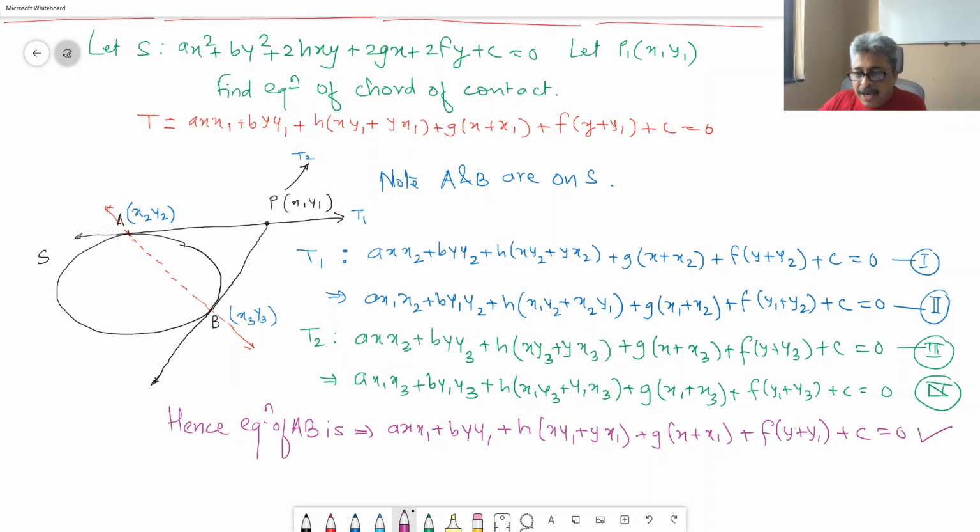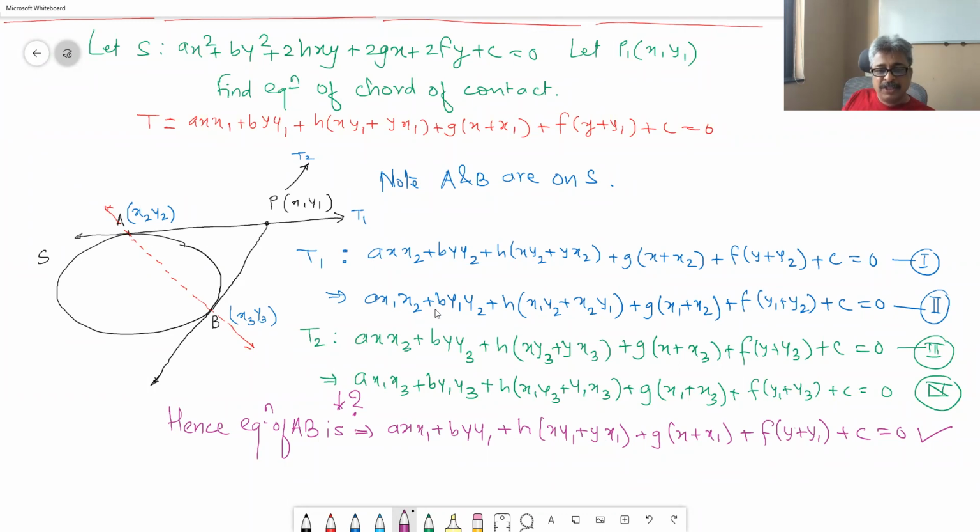Now, can you understand from here to here? Check whether you can understand this. Once I write these 4 statements, out of which statement 2 and 4 are important to me, I say, okay, equation of AB is this. The explanation is, suppose we consider that this is equation of AB, then is point A satisfying it?